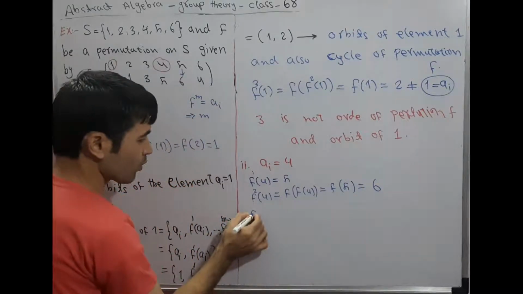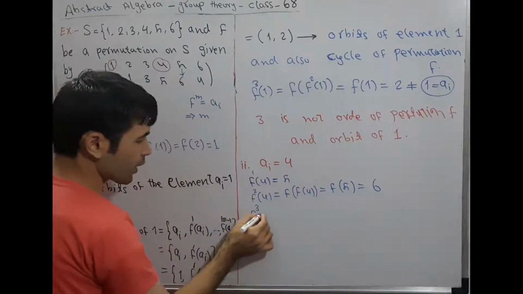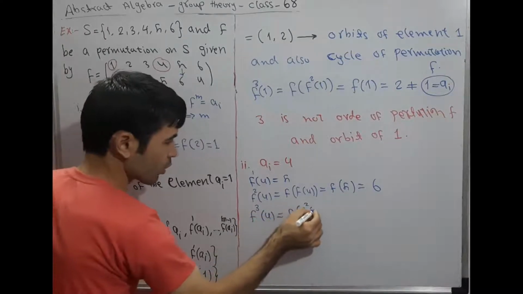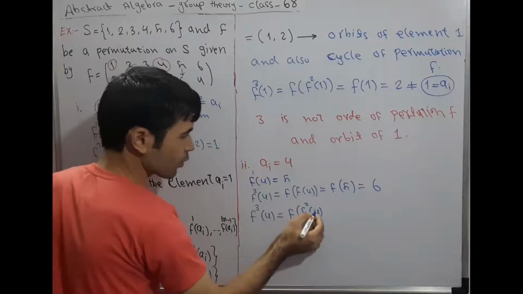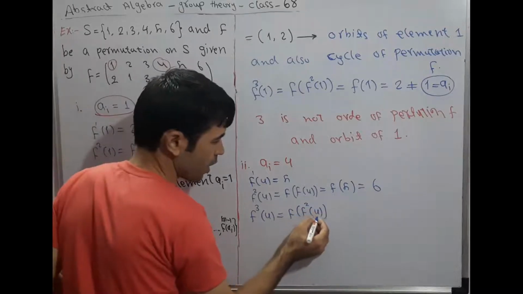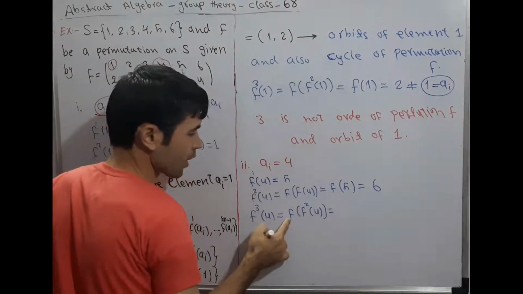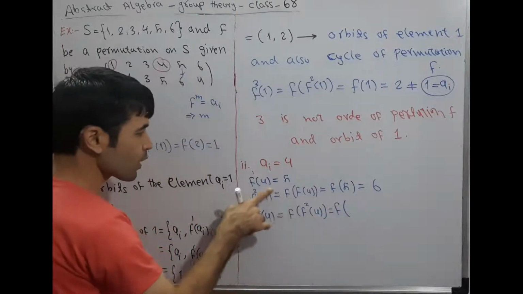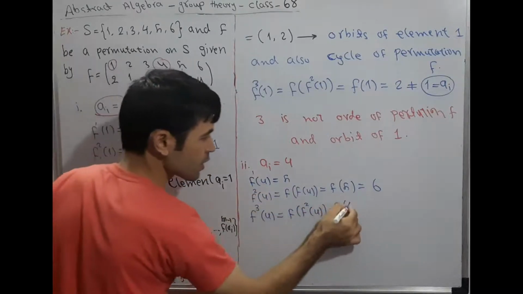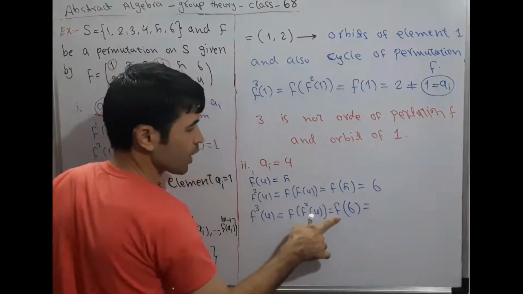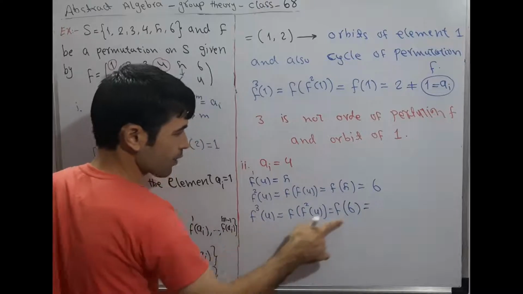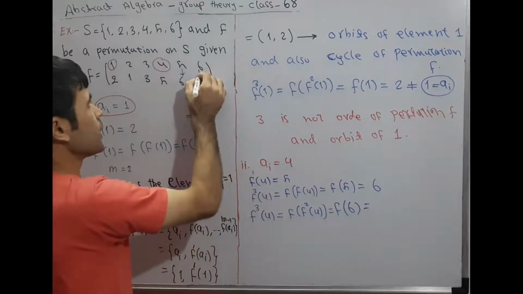Now we want to find f cubed of 4, which is f of f squared of 4, which is f of 6, and here it is 4.